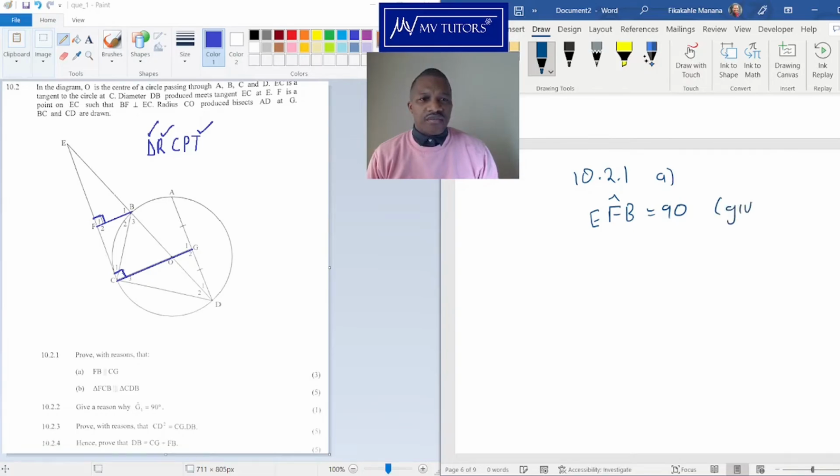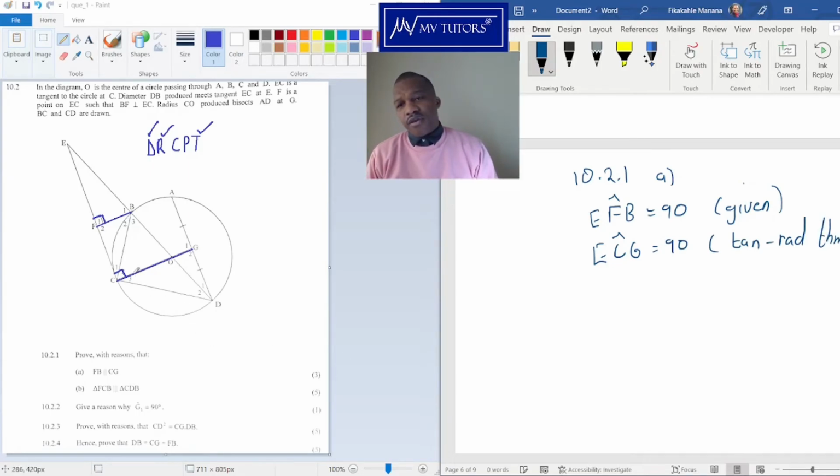It's given. Then I can say the angle ECG is equal to 90 degrees. Why? Because of the tangent and radius theorem.